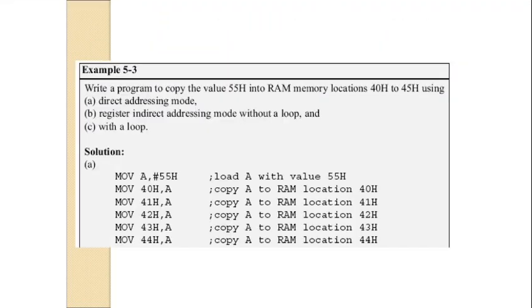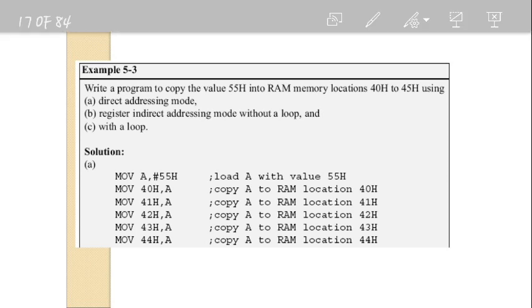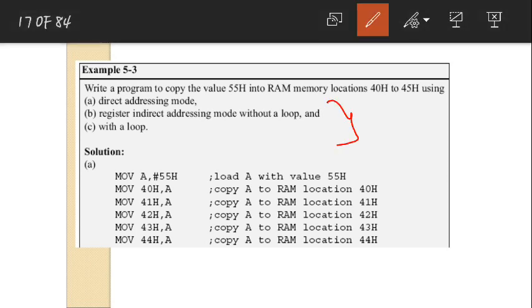So you have some programs which you have written in three different ways. Write a program to copy the value 55H into RAM location 40H to 45H. That means he is asking us to copy the value 55.